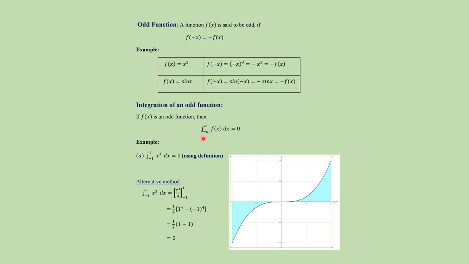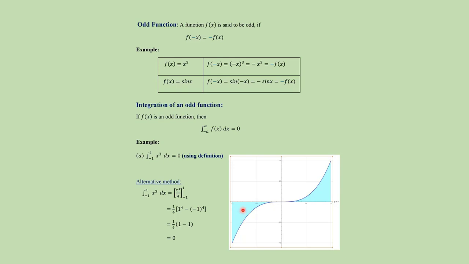If we integrate an odd function from negative a to positive a, then the answer will always be 0. Why? Because the area from 0 to a is above the x-axis and is positive, and the area from negative a to 0 is below the x-axis and is negative.